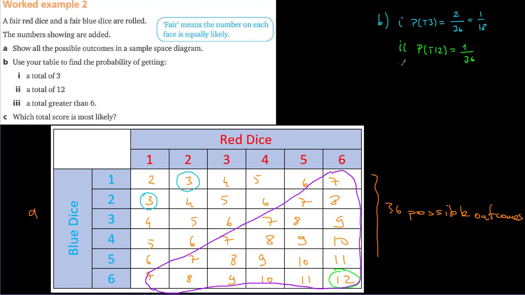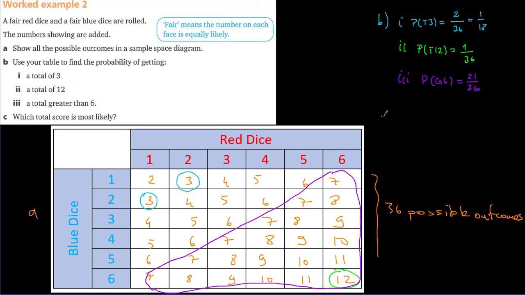I'm going to count all this part. So the probability of greater than 6: 1, 2, 3, 4, 5, 6, 7, 8, 9, 10, 11, and so on, it is going to be 21 divided by 36. This is the last one.